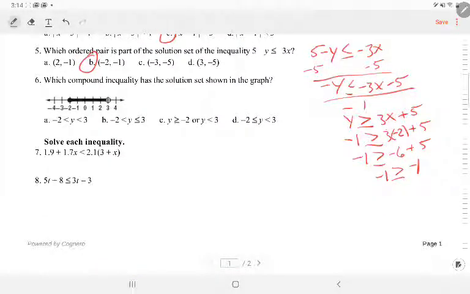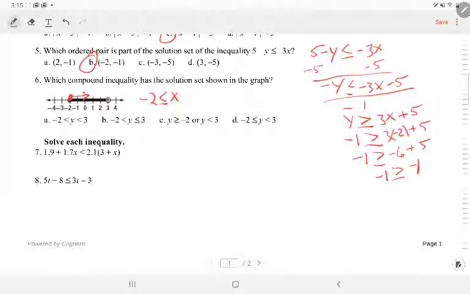Number 6, which compound inequality has the solution set in the graph? So, number 6, I'm just basically looking at it. Let's start with negative 2, is less than or equal to x, because it's a solid dot and x is greater than it, so that works there.